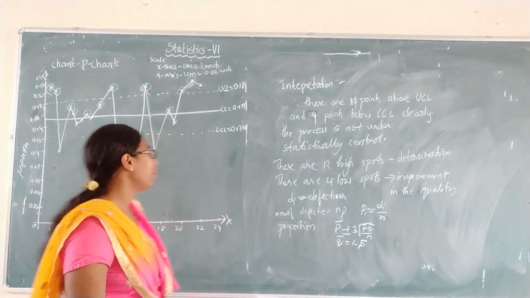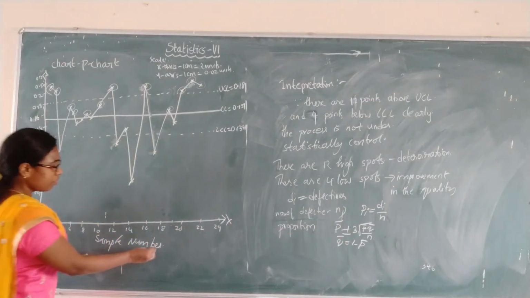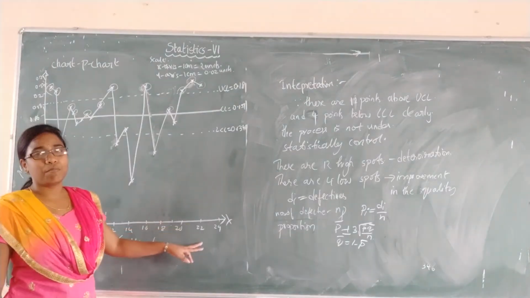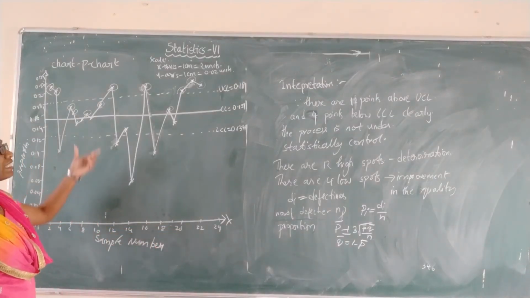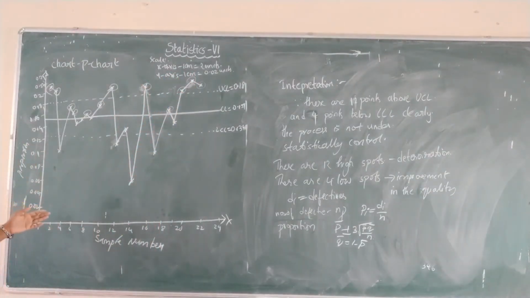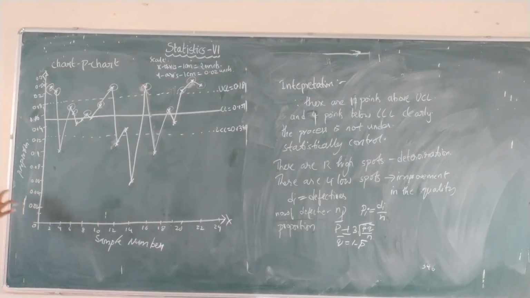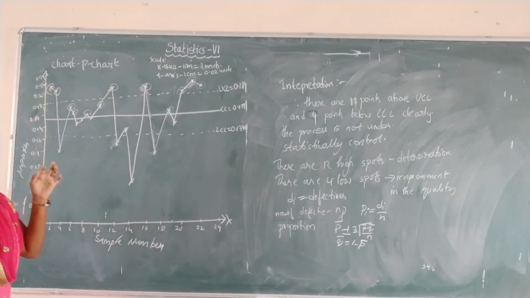After setting the control limits, depending on your values, you have to write your axis. So here I had 22 samples. On the scale, from 0.02 to 0.04, 0.06, 0.08, 0.10, 0.12, 0.14 up to the last value I had, which is 0.22.